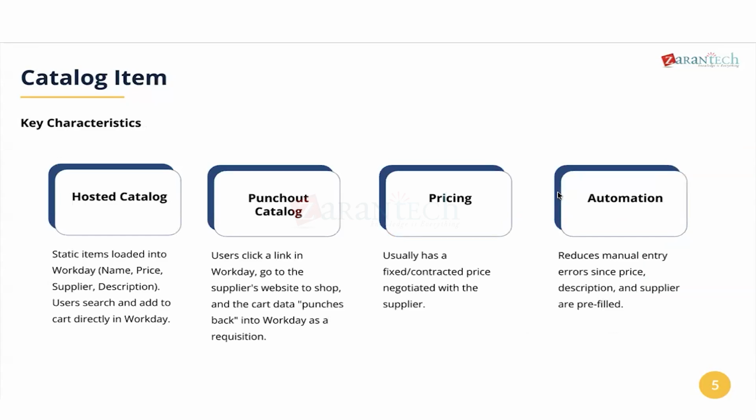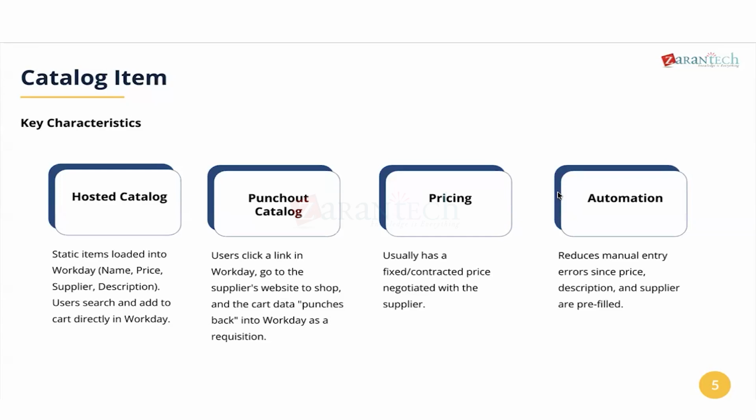So key characteristics are hosted catalog, punch out catalog, pricing, and automation. As we were discussing, if your supplier is registered in Workday, and they have their purchase items or catalog items available in Workday as well, that is the hosted catalog.